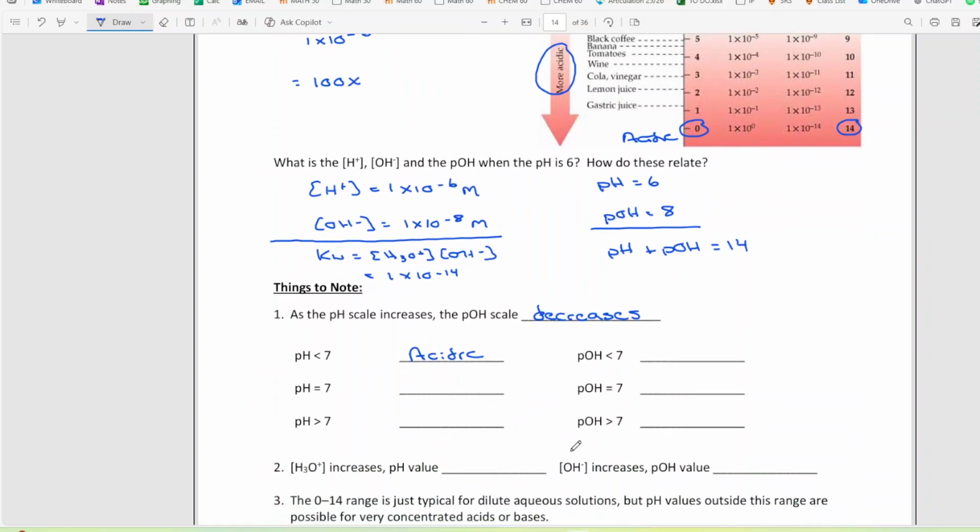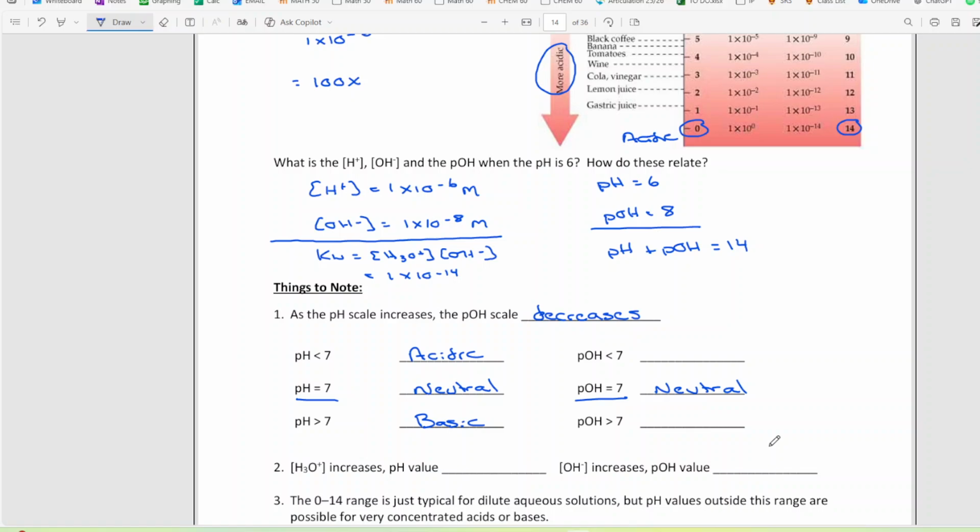And if your pH is greater than 7, your solution is considered basic. At 7, we call this neutral, because at a pH of 7, you would also have a pOH of 7, so they add to 14, so they are equal, and your substance would be neutral.